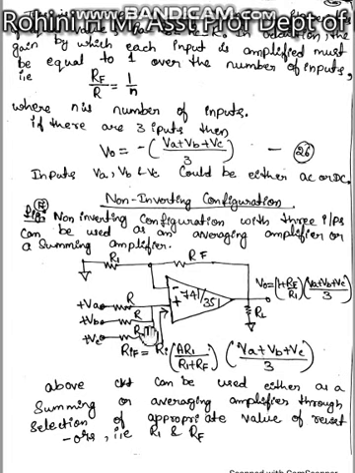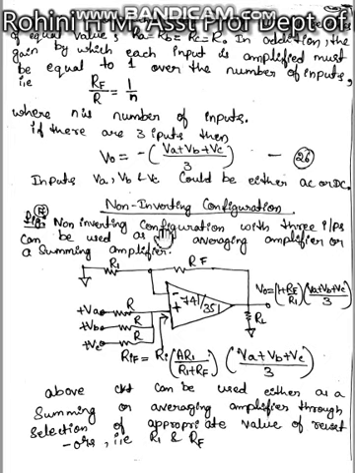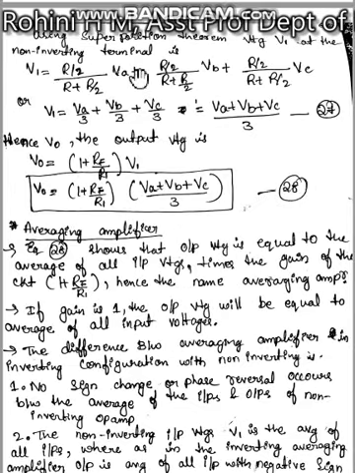Since these two are connected in parallel, the equivalent resistance is taken, and the expression is written here, right? If we simplify, V1 is taken as Va by 3.